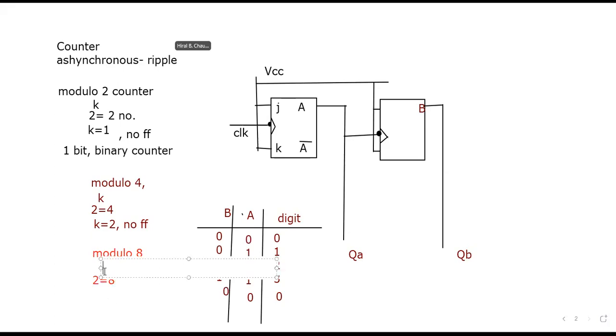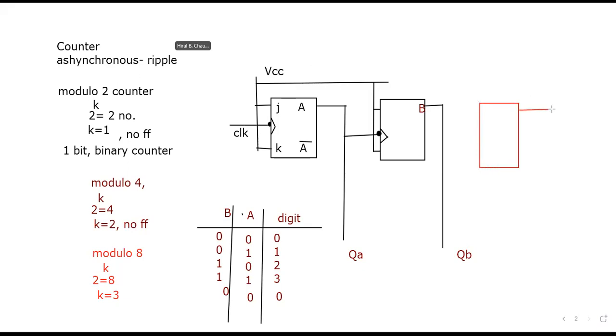Here we will have k equal to 3. So we have to just draw one more flip-flop over here. There would be one more flip-flop, and here we have the output of 8.